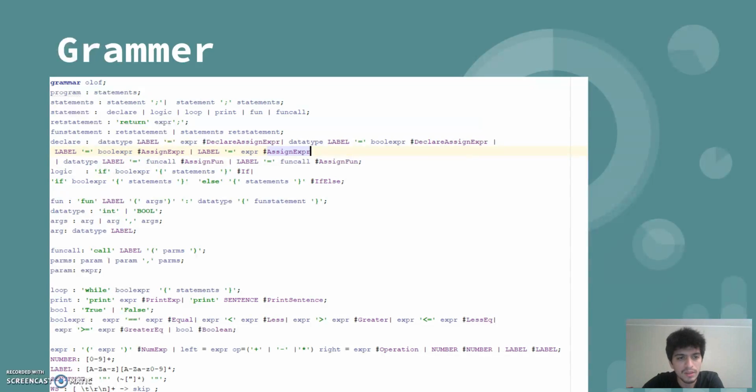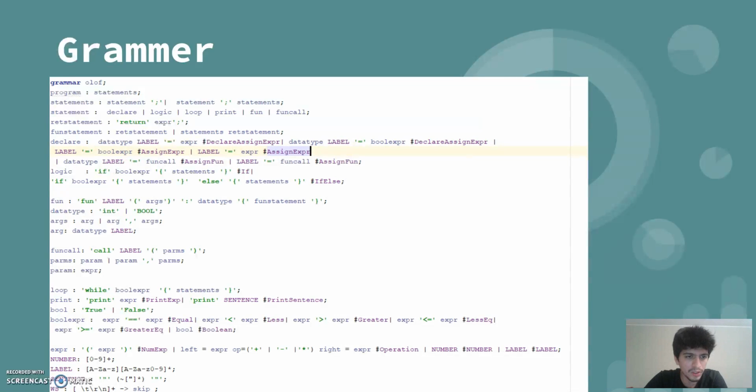Any number of arguments are possible, and after that there's a colon, and another data type that defines the return type of the function, and after that there are the curly brackets, and within that is the function itself.